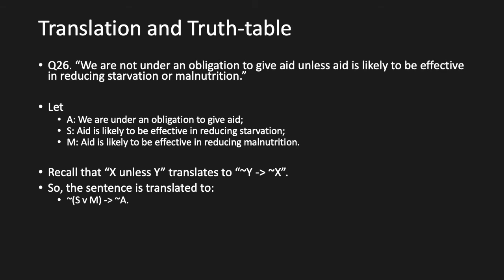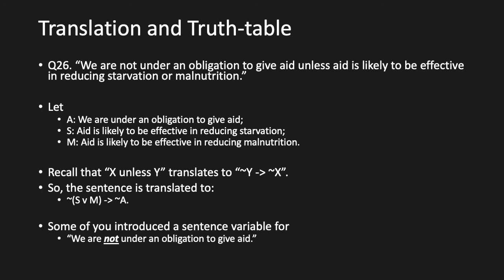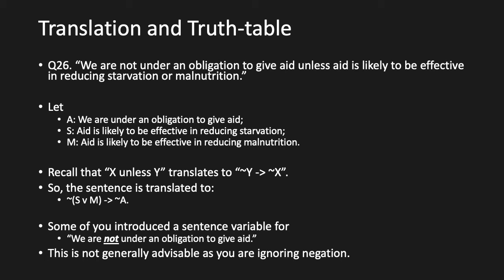Now, I should note that some of you actually introduced a sentential variable for this sentence, we're not under obligation to give aid, which is the negation of A. Right? Notice not here. But this kind of translation is not generally advisable because you're ignoring negation, which is a logical connective.